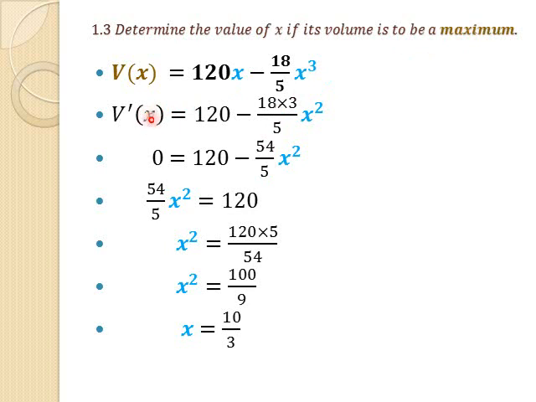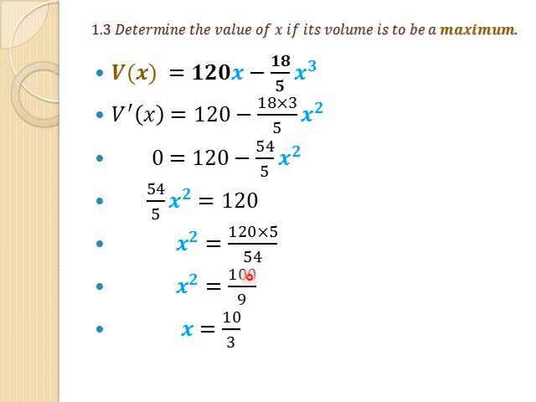Because it's a maximum, the first derivative equals 0. If I take this across, negative 54 over 5 x squared becomes positive 54 over 5 x squared equals 120. To get rid of that, I'm going to multiply by 5 and divide by 54. So 120 times 5 divided by 54 gives me 600 over 54, which simplifies, if I divide by 6, to 100 over 9.